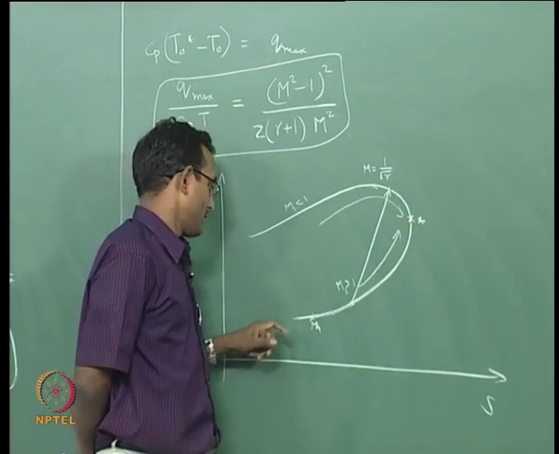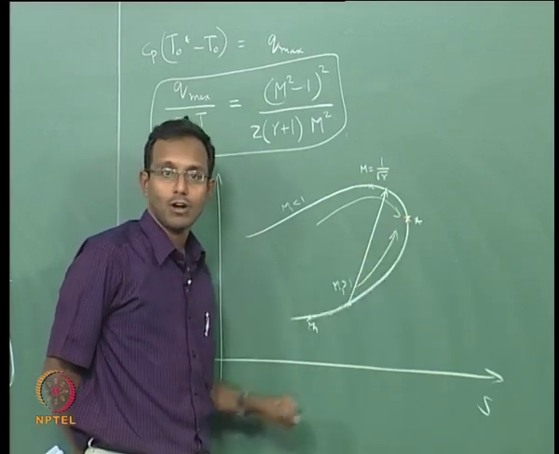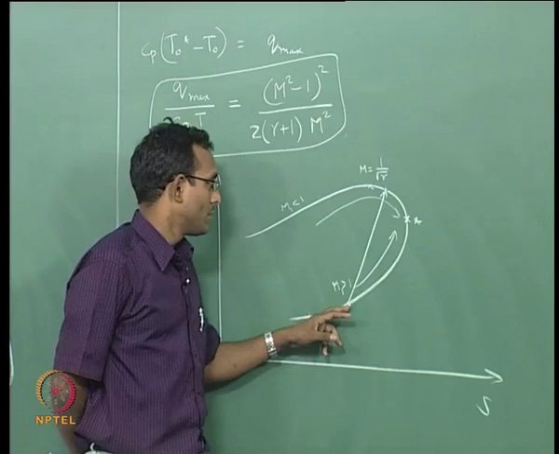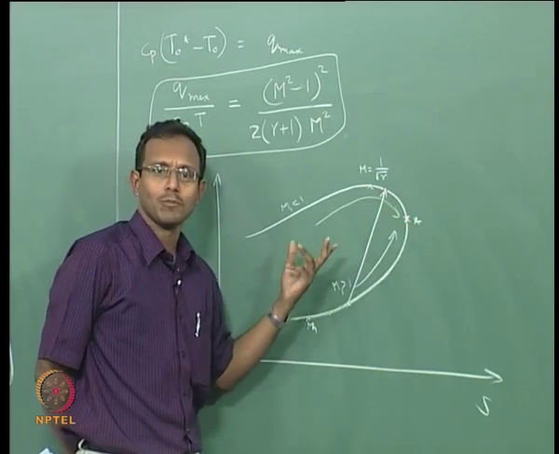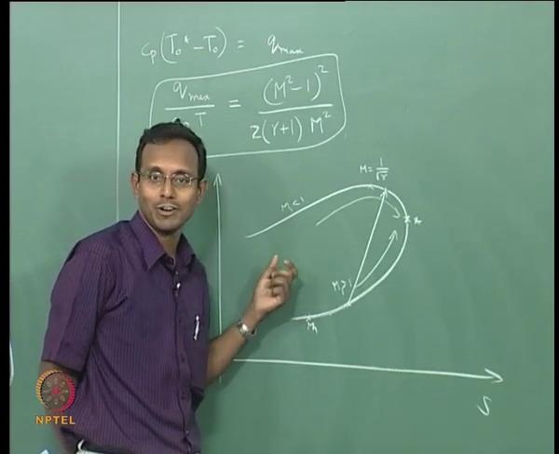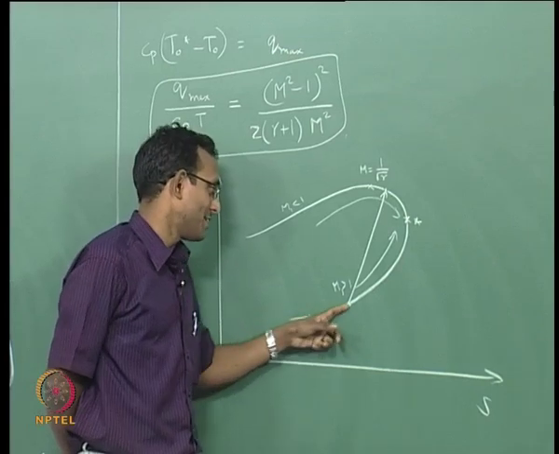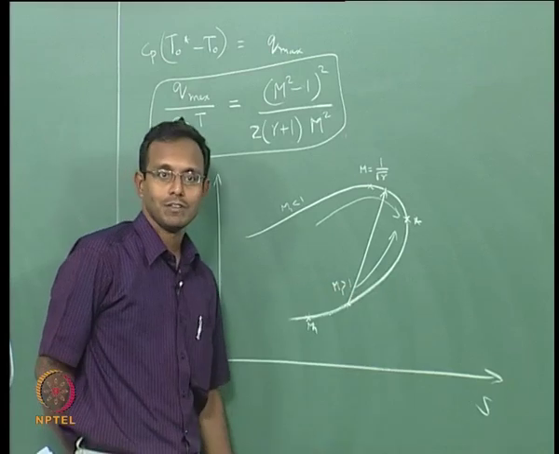And now I can either go straight along the supersonic path to this, or I can go this way, pick a normal shock in the middle and then go this way. I know that a normal shock does not change T naught, right. So it does not change any heating value or T naught value anywhere. It is going to have the same T naught whatever it was here, here also, from here it is going to choose this solution.